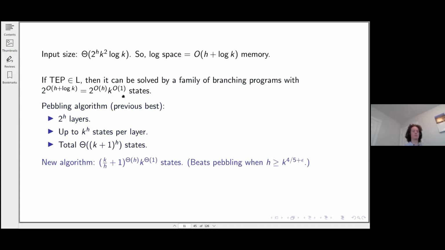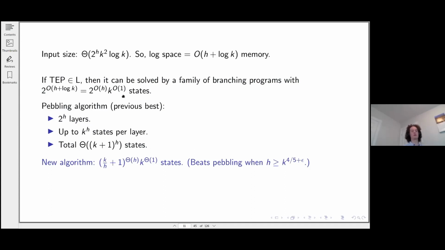The new algorithm I'm going to present uses k over h plus 1 to the order h times a polynomial in k states. So it turns out that when the height of the tree is reasonably large compared to k, specifically if it's at least k to the power a little bit more than 4/5, then this does better than the pebbling algorithm.